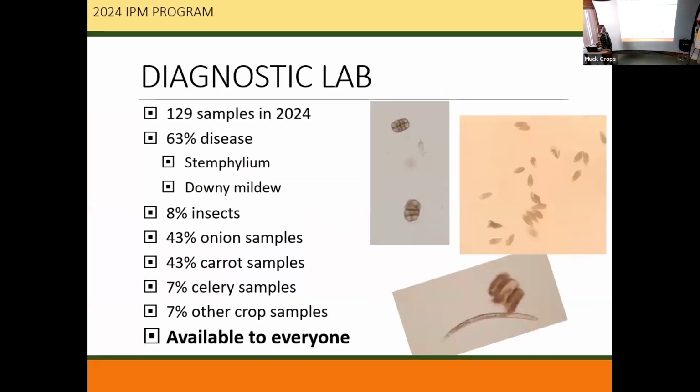One other aspect of our IPM program is our diagnostic lab. So last year we received around 129 samples. Most of these were diseases, 63%. Fewer were insects at 8%. And this is a service that's available to everyone. So if you have an issue going on in your field and you're unsure what's going on, feel free to bring in a sample and we'll do our best to ID what's going on for you.